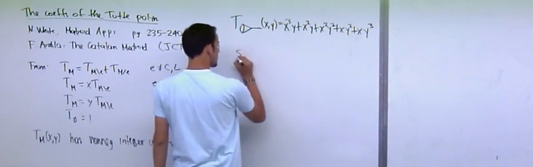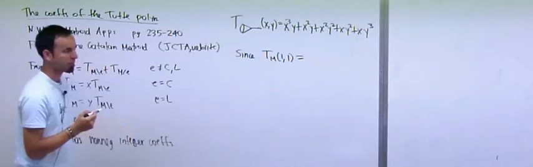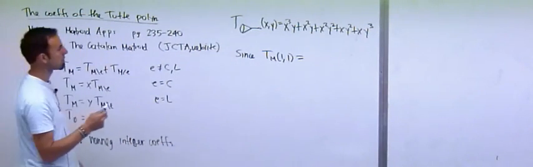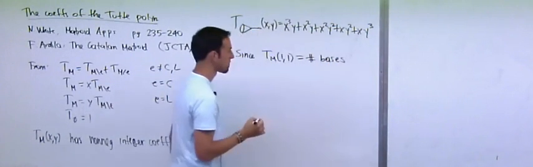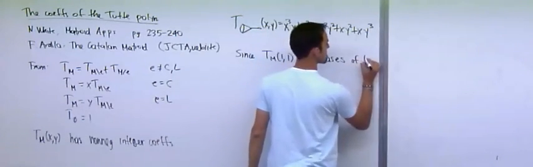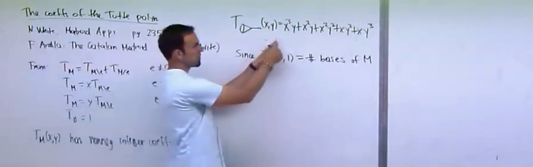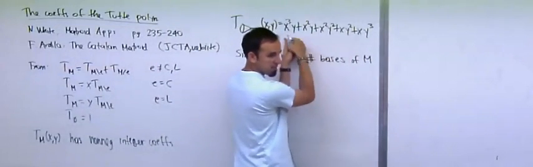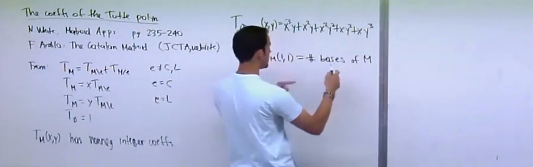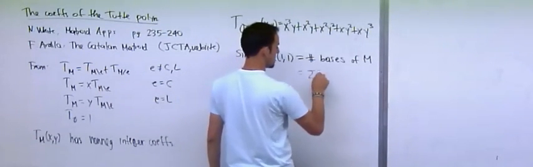Now, remember that if you plug in 1, 1, we saw what happens. We saw that you get the number of bases. We proved that, and if you look at what happens when you plug in 1, 1 here, you're going to see that it's the sum of the coefficients.